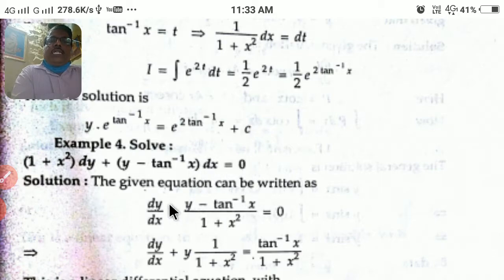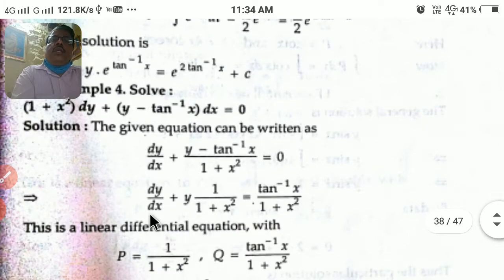Now the given equation can be written as, dividing throughout by 1 plus x square and dx, dy by dx plus y minus tan inverse x divided by 1 plus x square equal to 0, which implies dy by dx plus, now split this. (a plus b) divided by c can be written as a by c plus b by c, right?